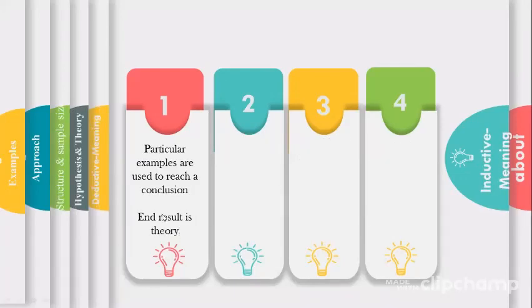Its end result is a theory. It starts with examples or observations. The end result is theory. In the previous one, we saw that it starts with a theory. Here, it starts with observations, and the end result is a theory. I will give you examples of this later on.